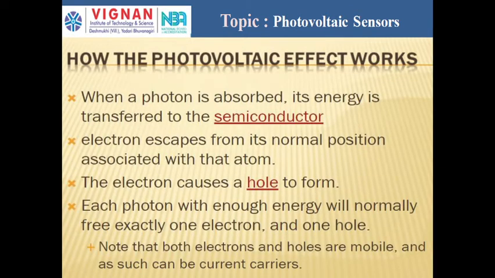When a photon is absorbed, its energy is transferred to the semiconductor in the first layer, so the electron escapes from its normal position associated with the atom. The electron leaves behind a hole. Each photon with enough energy will normally free exactly one electron and one hole. Both electrons and holes are mobile and can be current carriers, so as they move from one layer to another, that creates some current.